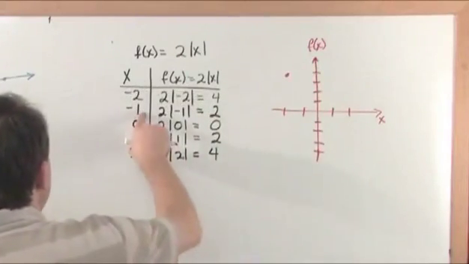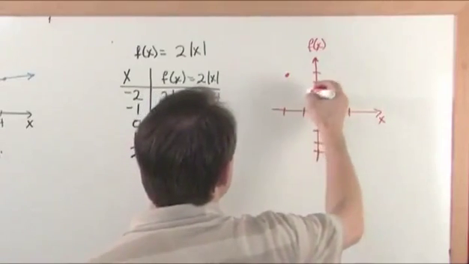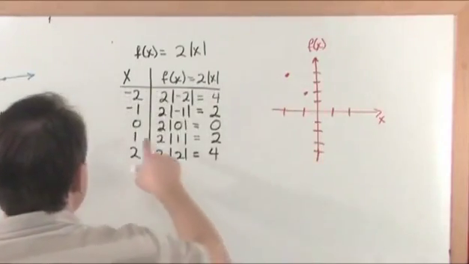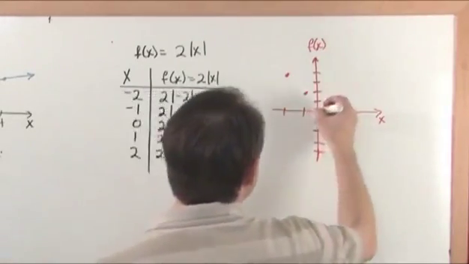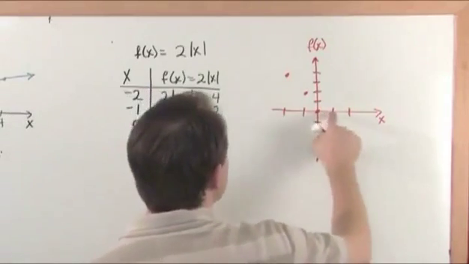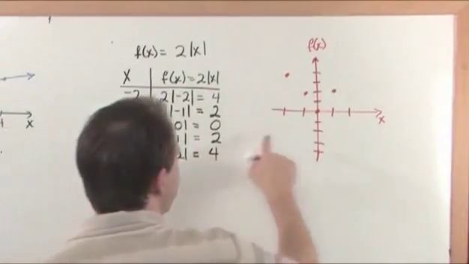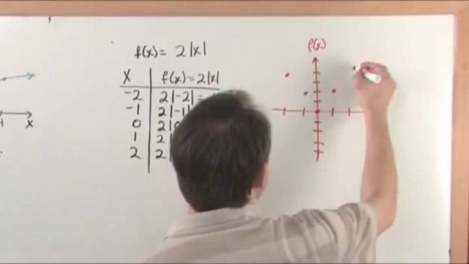Okay? For x equal to -1, the corresponding value is +2, which is right here. For x equal to 0, f of x is equal to 0. And for x equal to 1, f of x is equal to +2. And for x equal to 2, f of x is equal to +4.